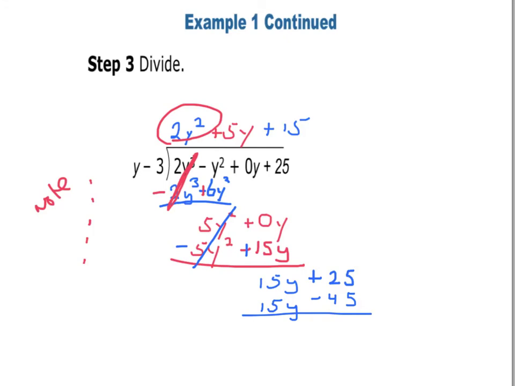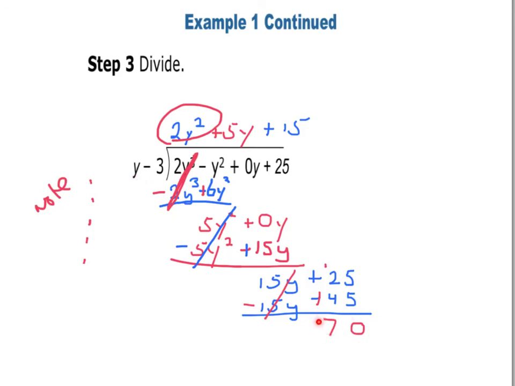All right, now what do we do? Yes, you said it. Change the signs and add. This subtracts out like it always has to do. And this will give us, let's see, that's 10, carry the 1, 4, 5, 6, 7, gives us a remainder of 70. Now, I want you to notice something. I know I'm done when this down here is of a smaller degree than the divisor.